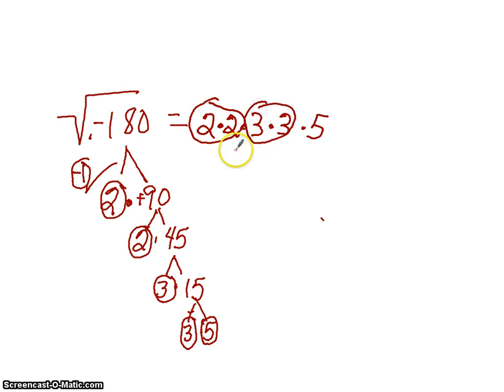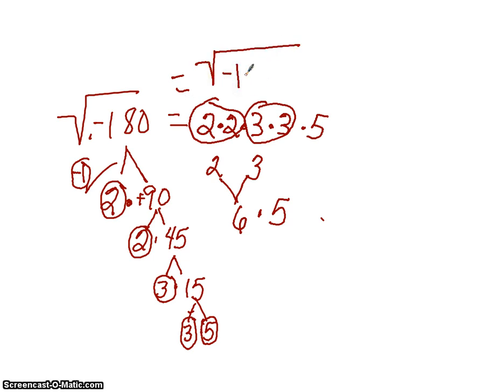Remember, that's what you need to pull something out. So the square root of that will give me 2. The square root of that will give me 3. And 3 times 2 is 6. So I know that I have 2 6's in there, which is why I can say, okay, I have the square root of negative 1 times 36 times 5. Are we good?